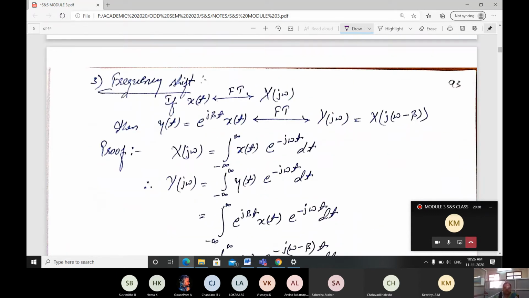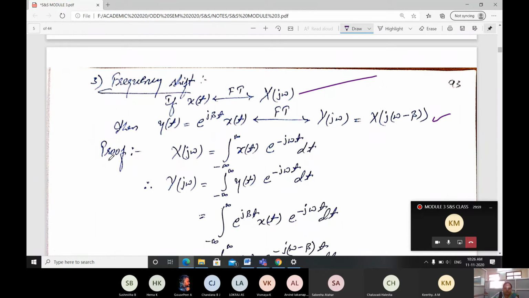Next, about the frequency shift. If x of t has the Fourier transform X of j omega, then y of t is equal to e raised to j beta t times x of t, and the Fourier transform is Y of j omega equal to X of j omega minus beta.